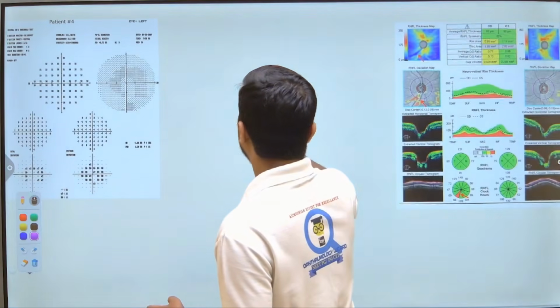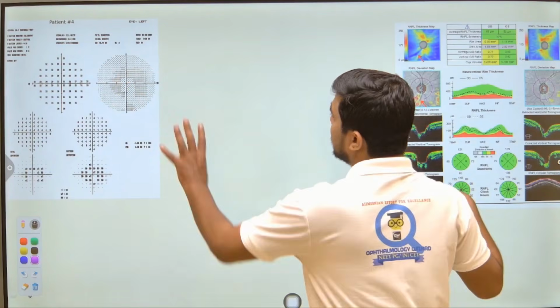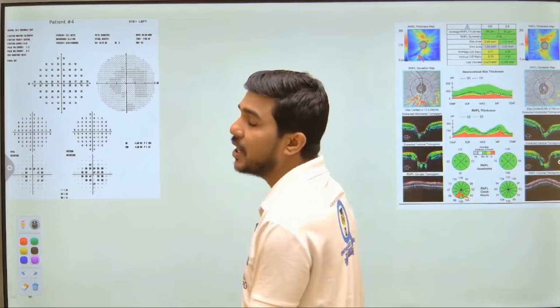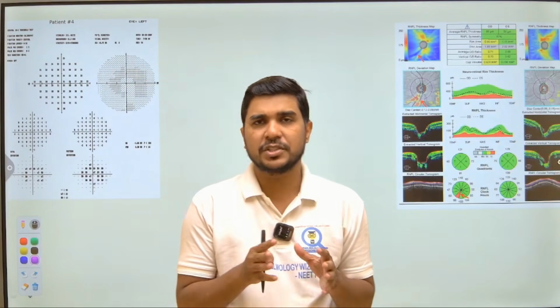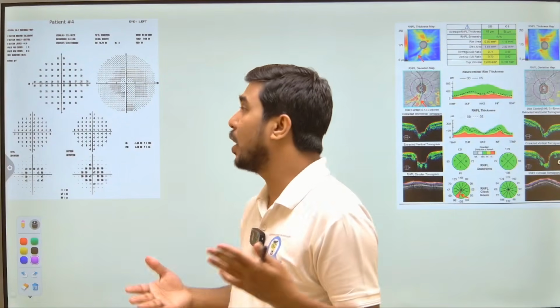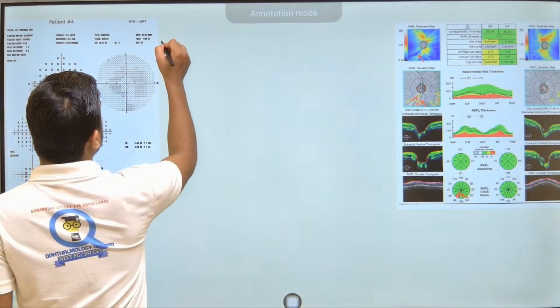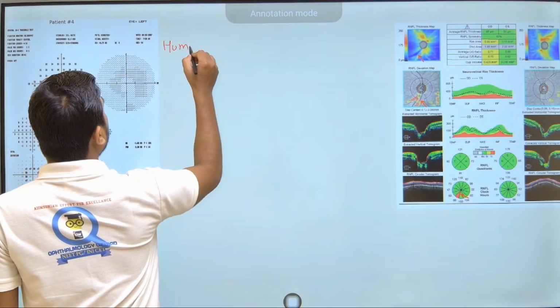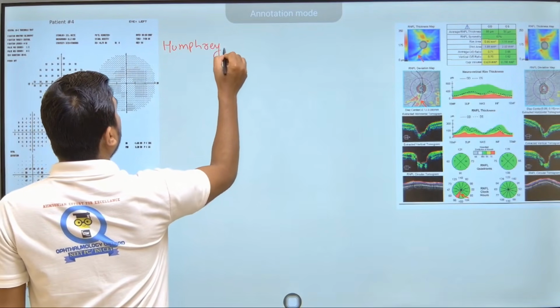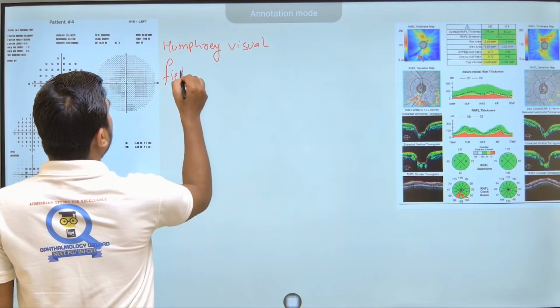Coming to this point now. Seeing this picture, you have to understand what this picture indicates. Very important to understand. No need for the interpretation of this, you only need to know what the investigation is. This is a Humphrey visual field.